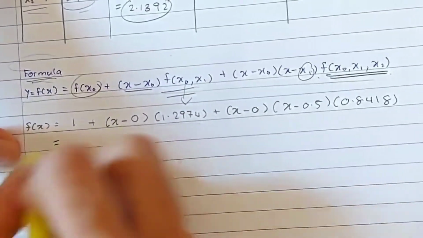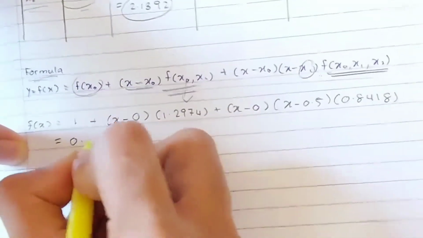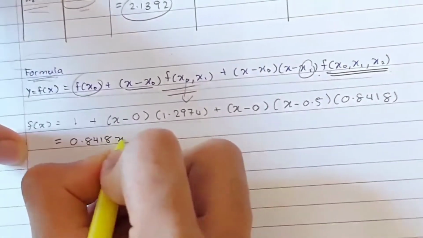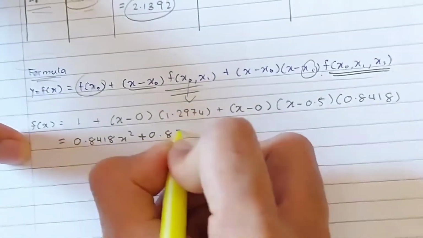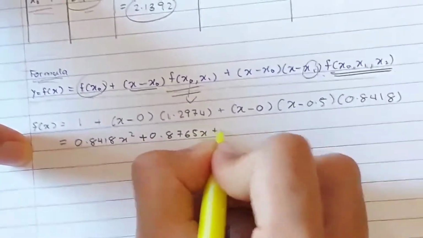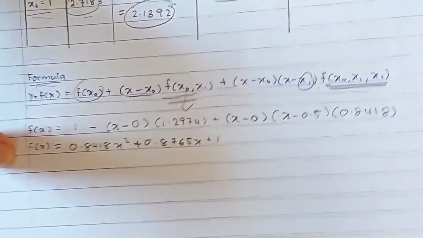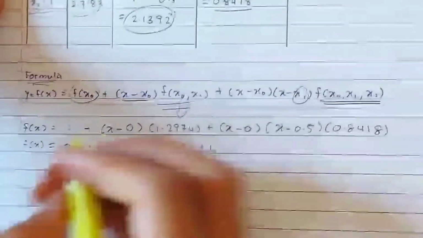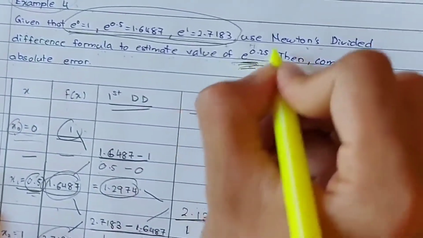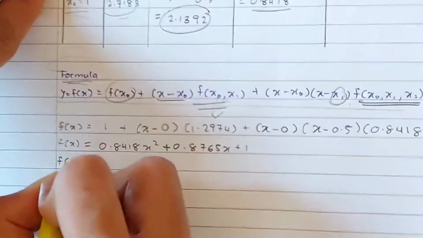Okay, then we open the bracket to form the general equation for this example, whereby it is 0.8418x squared plus 0.8765x plus 1. Then from the general equation, we can find the estimation of e power of 0.25.